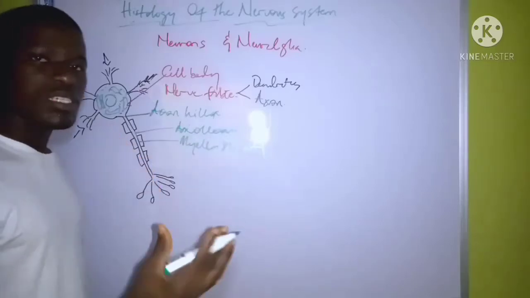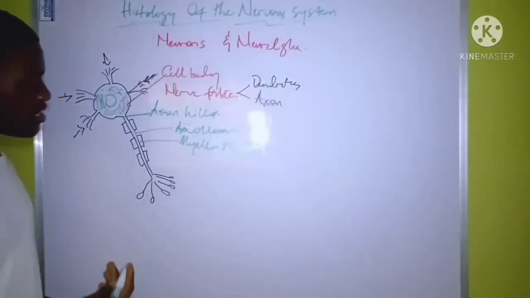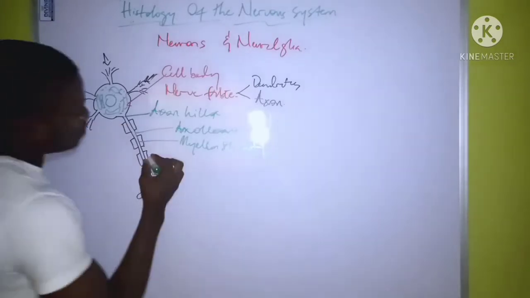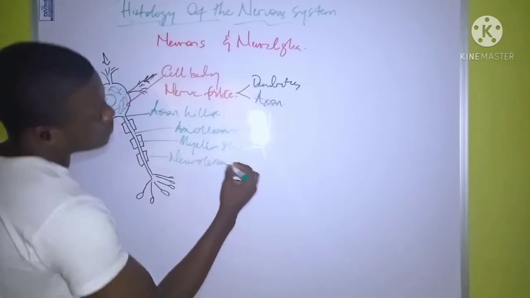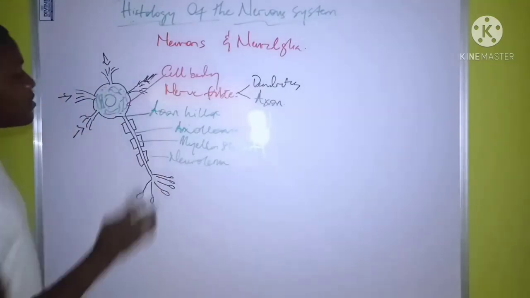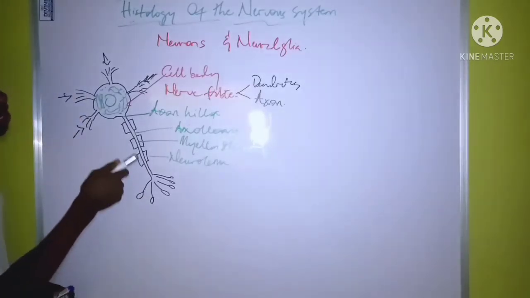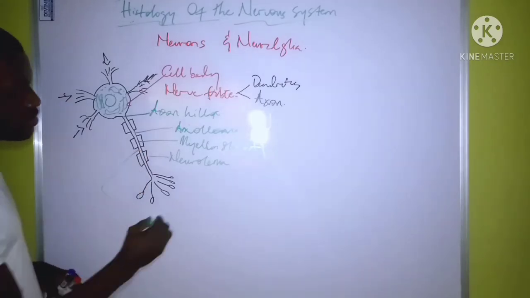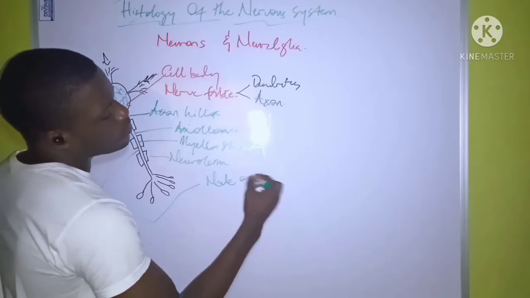The myelin sheath is covered by another sheath, which is referred to as the neurolemma. The neurolemma covers the myelin sheath. Now, there are spaces between one myelin sheath and the other, and this space is referred to as the node of Ranvier.